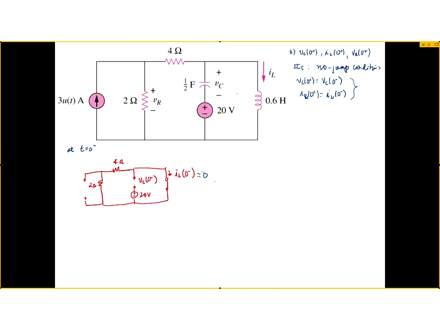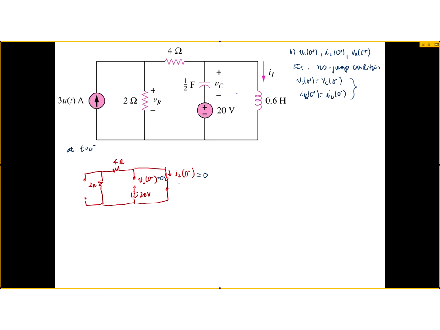And consequently, what is V of C at 0 minus? For a different reason, it's also 0, but the reason is the KVL here, the fact that the inductor is a short. Are you okay with both being 0? Now, why did I do that?